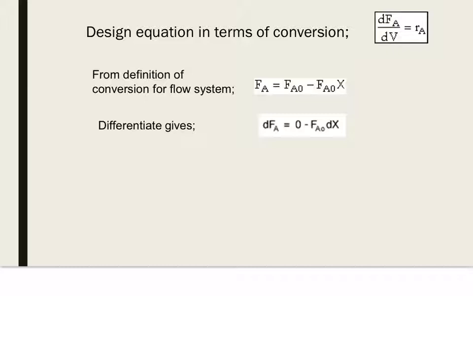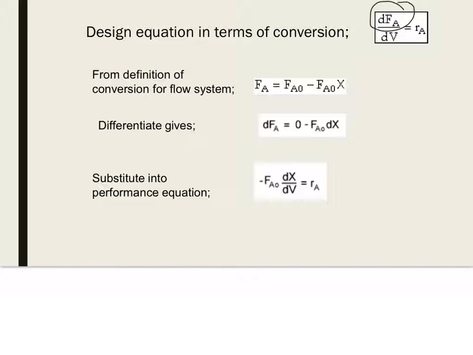So we substitute this dFA term into the performance equation, which gives us negative FA naught dx over dV equals RA. Basically, we replace dFA here with this term, so we have negative FA naught dx over dV equals RA.